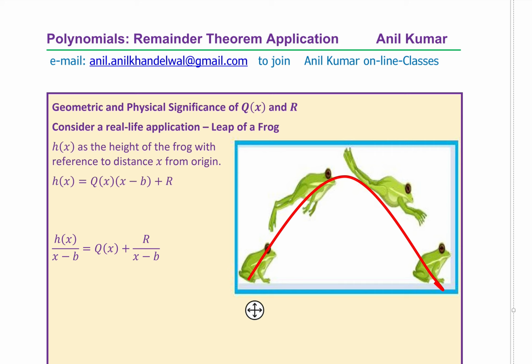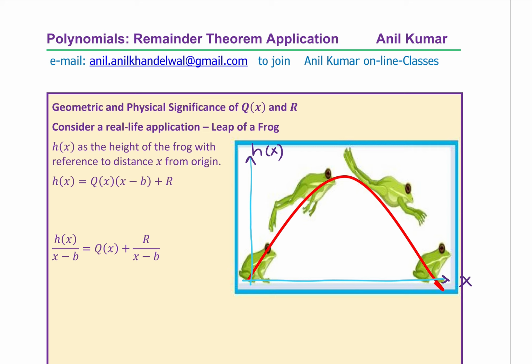So to understand this, let us take a real life situation. In this situation, we are taking the position of a frog which leaps from a particular point. So let us say that our coordinate plane has the origin from where the frog leaps. This is the x-axis and that is the y-axis, and along the y-axis, we'll give the height in units.